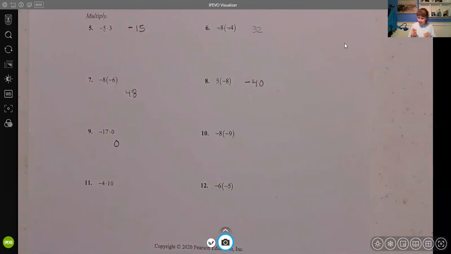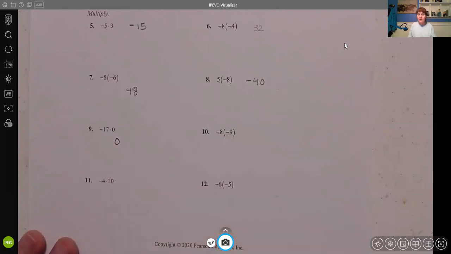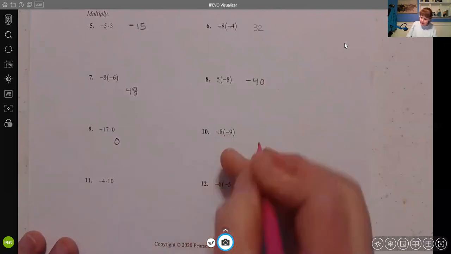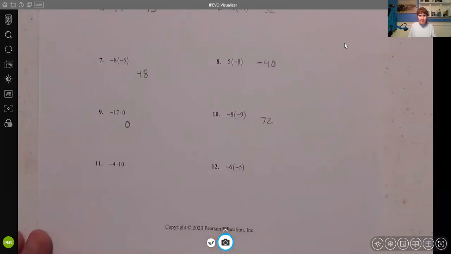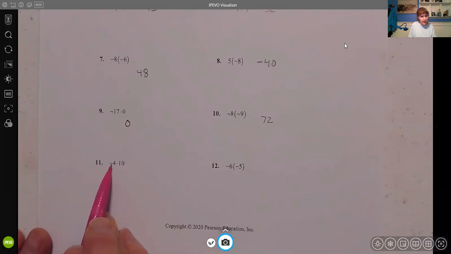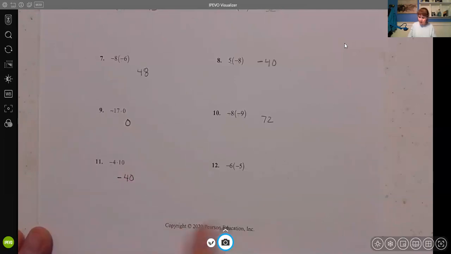So let's continue on. Count them. 1, 2. 2 is even. Even means positive. 72. Number 11. 1 negative. 1 is odd. So that means it'll be negative 40. Here, 1, 2 negatives, and again, parentheses.